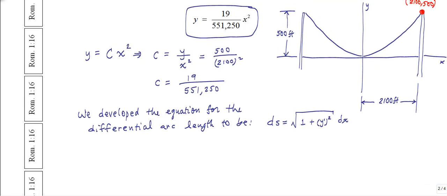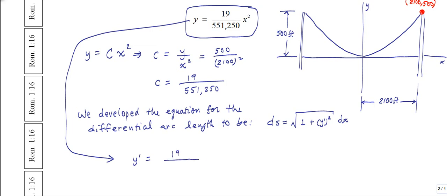So the first thing I want to do is I want to find y prime. Okay, and so I'm going to say, well, y prime is equal to 19 over the 551,250, but I'm taking the derivative of this, so it's the exponent on the x, that 2 comes down.